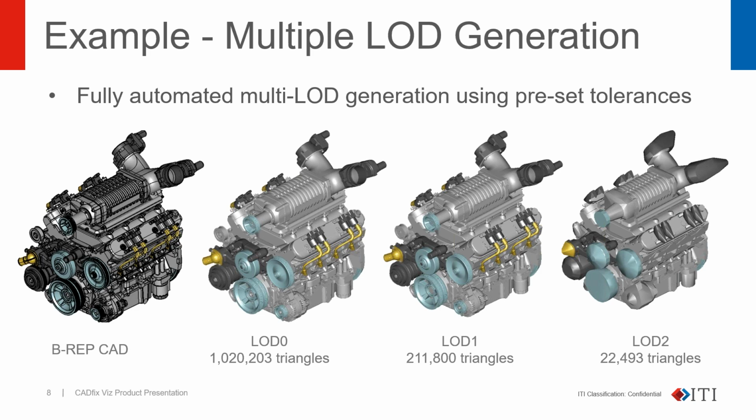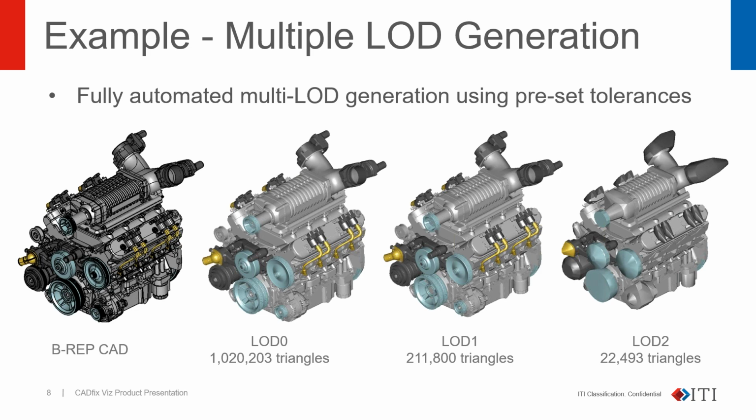Another example here, this is a fully automated solution within CADfix Viz. We have the concept of different levels of detail. The program can hold different meshes: a very robust, detailed, high density mesh, and then other representations that defeature that mesh and make it a simpler, more lightweight, easier to handle mesh.